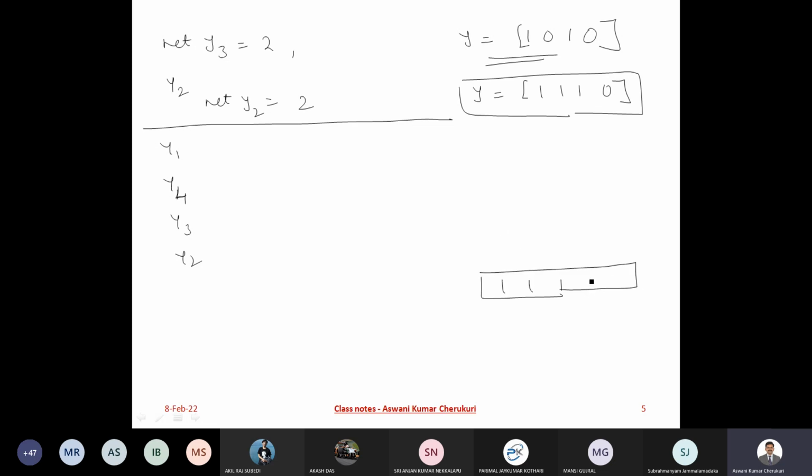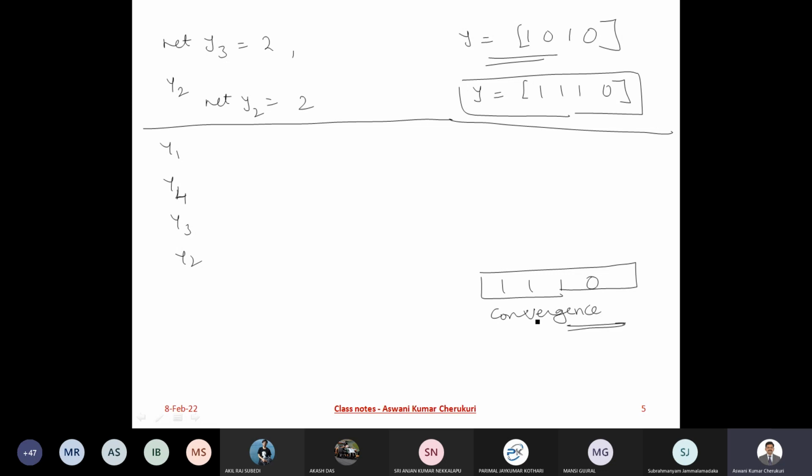We don't stop with one iteration, even though we see the output. Only when in the next iteration also we are getting the same output do we say it's convergence.